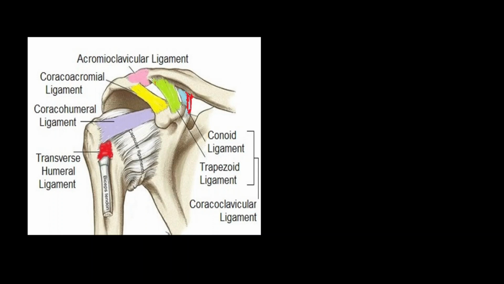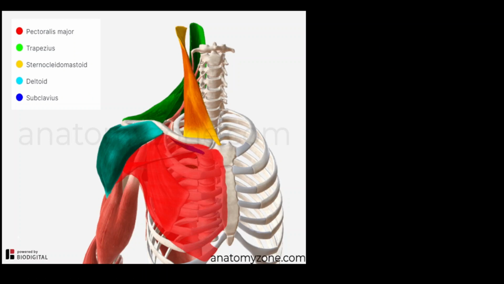Okay, we also have the trapezoid ligament that attaches to the trapezoid line of the clavicle and the coracoid process of the scapula. These two ligaments are collectively known as the coracoclavicular ligaments.